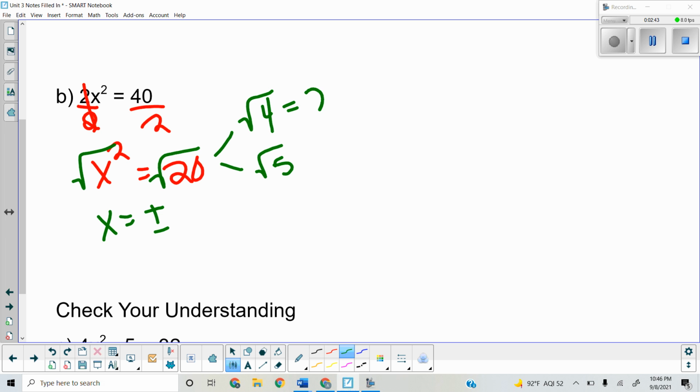It's 2. Square root of 5, we don't know what that is. So our answer is positive and negative 2 square root of 5. Now your calculators, or the calculators that we have in class, will do that for you.